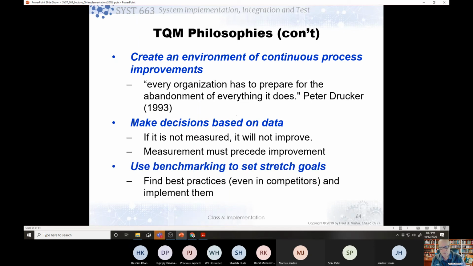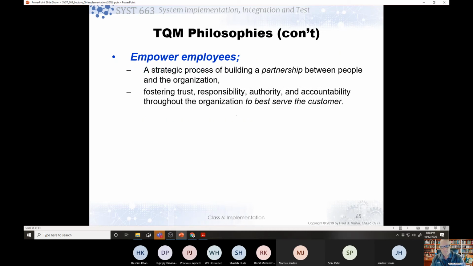And of course, benchmarks are usually very well thing to look at. You may even look at practices of competitors and try to implement them. Try not to get in trouble doing that, but do it in such a way that it's good for your organization and the way you would use it. And really get your employees involved.